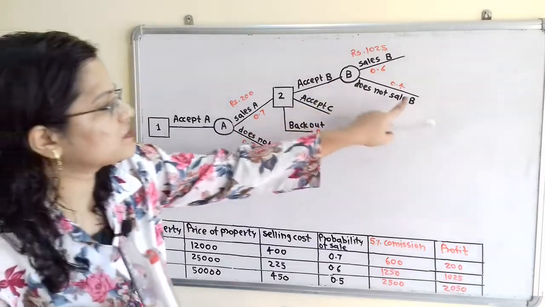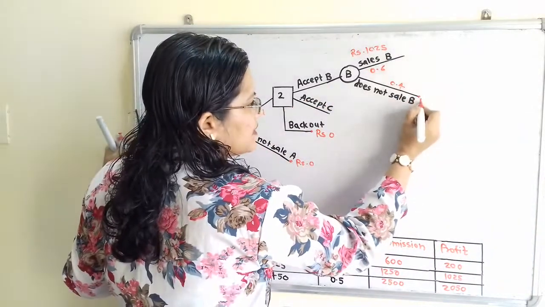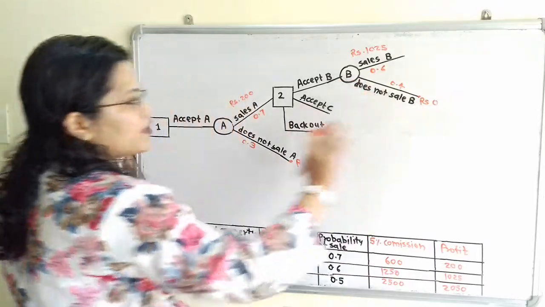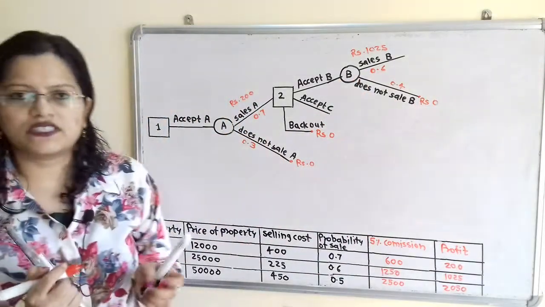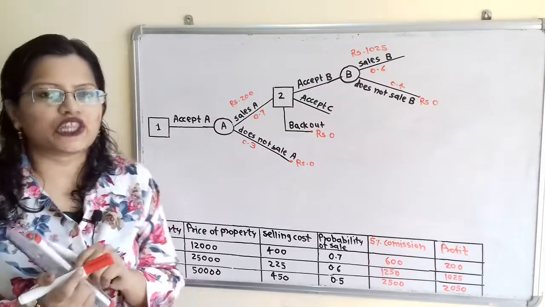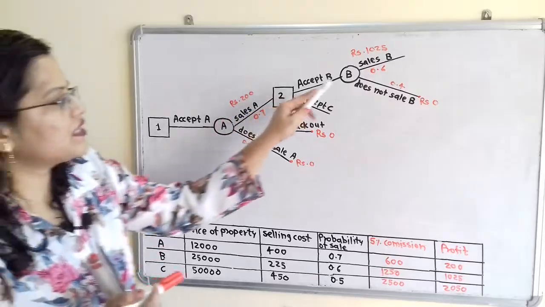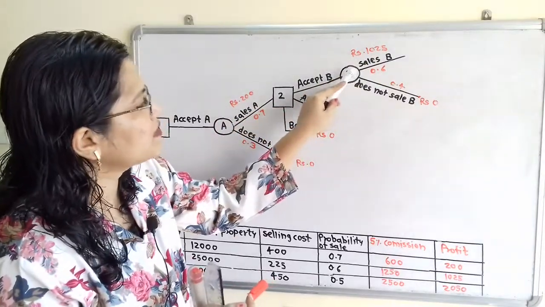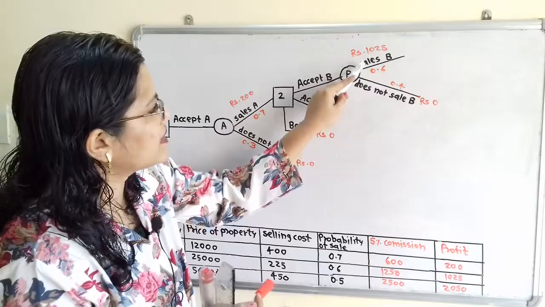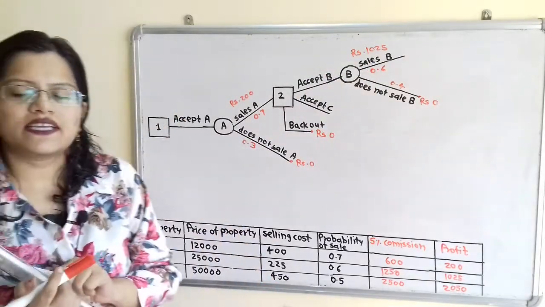Now if he does not sell B, then the outcome is rupees 0, and this is the terminal branch because there is no other decision made by him, because he has no authority to accept the other offer.